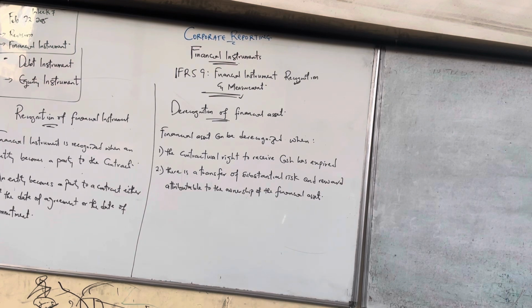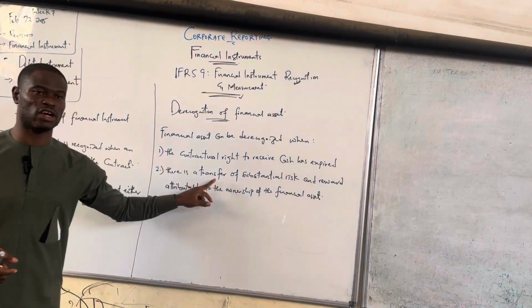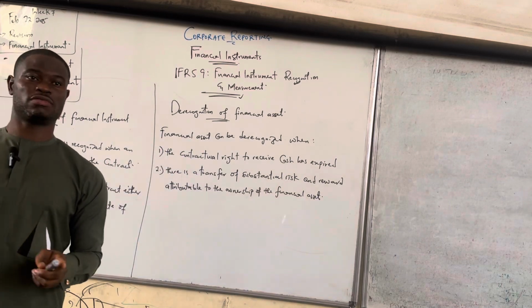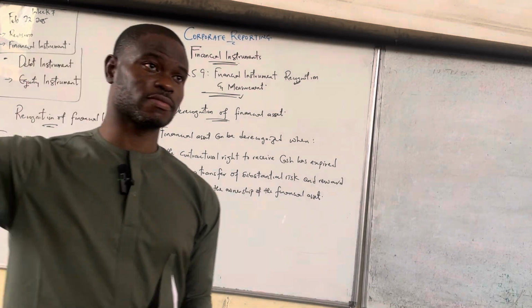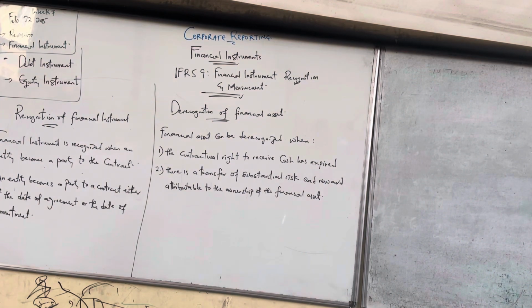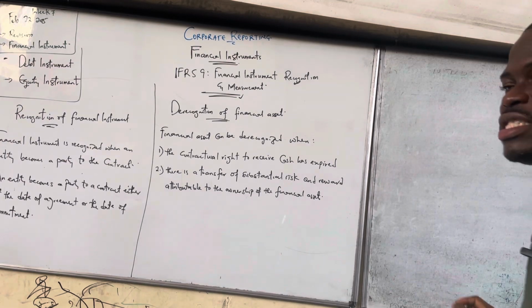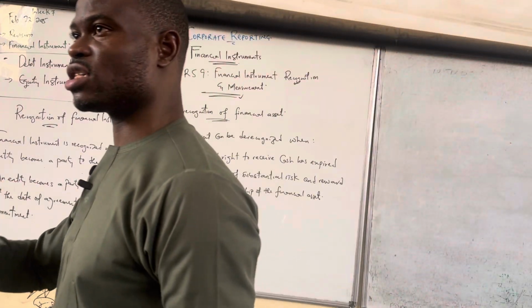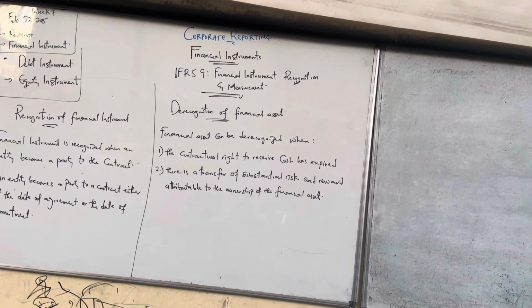So again, when we say transfer of substantial risk and reward, it also means two things. Either there is an unconditional sale of that asset, you have sold it, you have transferred it to another party, you have nothing to do with it again. Or there is a conditional sale of that financial asset, meaning you have sold it, but you told the buyer that you will buy it back at fair value.